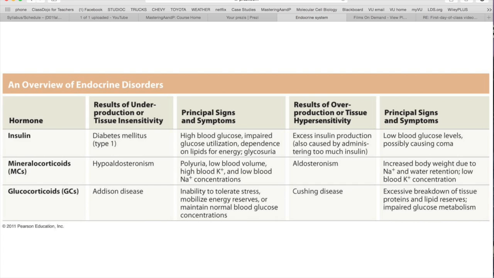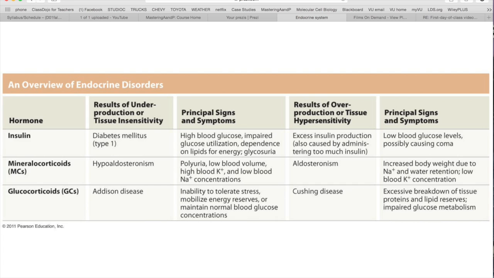Too much is known as aldosteronism. In this case, you would absorb too much sodium, and with that you'd absorb water, so that will increase your body weight and water retention. Also cause low blood potassium concentration, and you guys know you need sodium and potassium for generating action potentials, among other things.